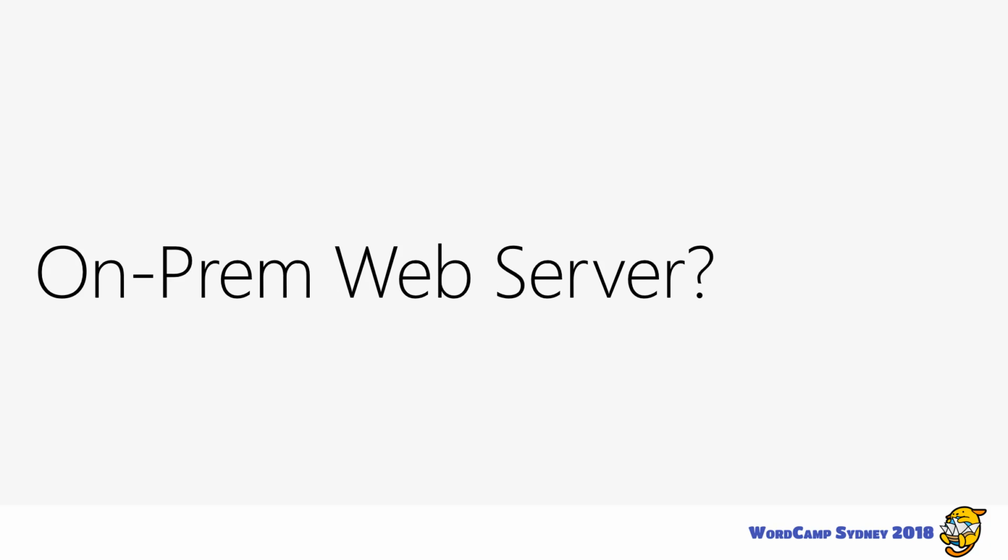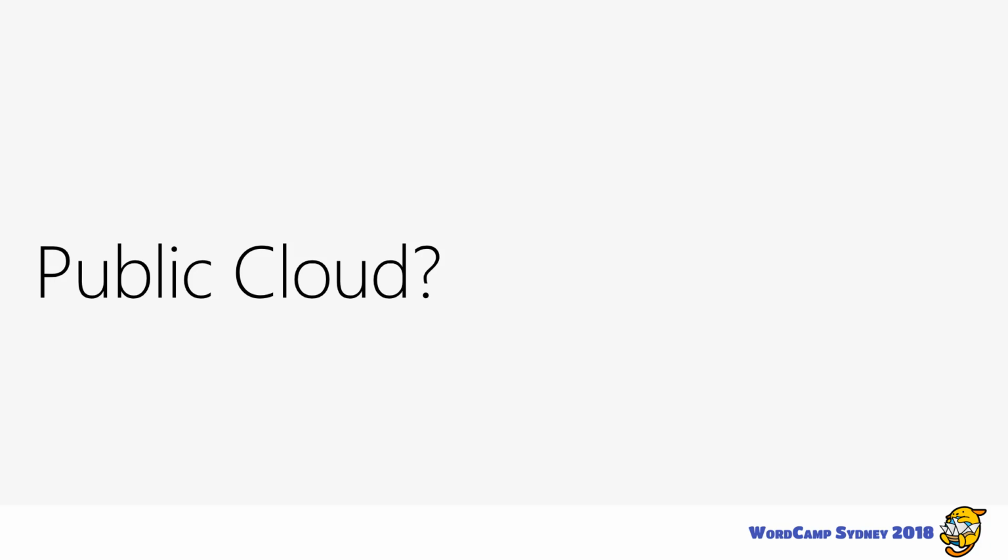What about a web server on-prem, which is behind the firewall for your corporate use? Okay. What about the public cloud, such as AWS? Okay. Google or Azure? No one. I knew it. So Azure is not that popular. How interesting.